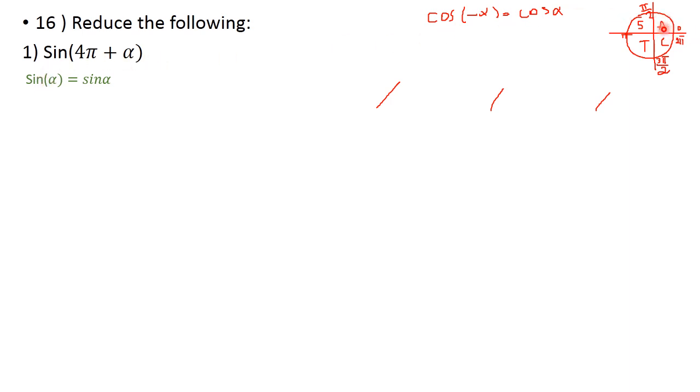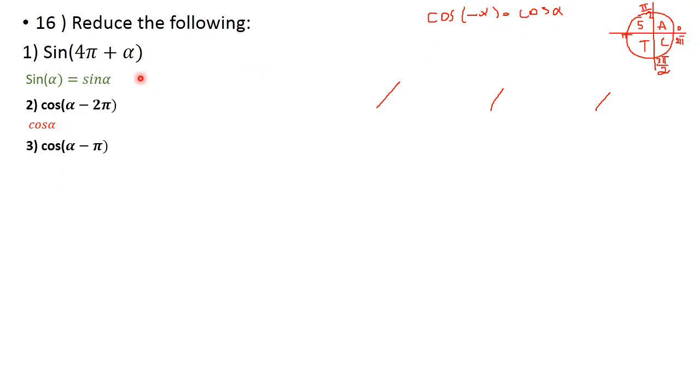Okay, now let us take another example. We have cosine alpha minus 2 pi. You know that it's not ordered in the correct form. We don't have something which is alpha minus 2 pi. It's minus 2 pi plus alpha. It's the same thing because minus 2 pi in all cases is 0. So we have cosine alpha. Cosine alpha is cosine alpha because in this quadrant cosine is positive.